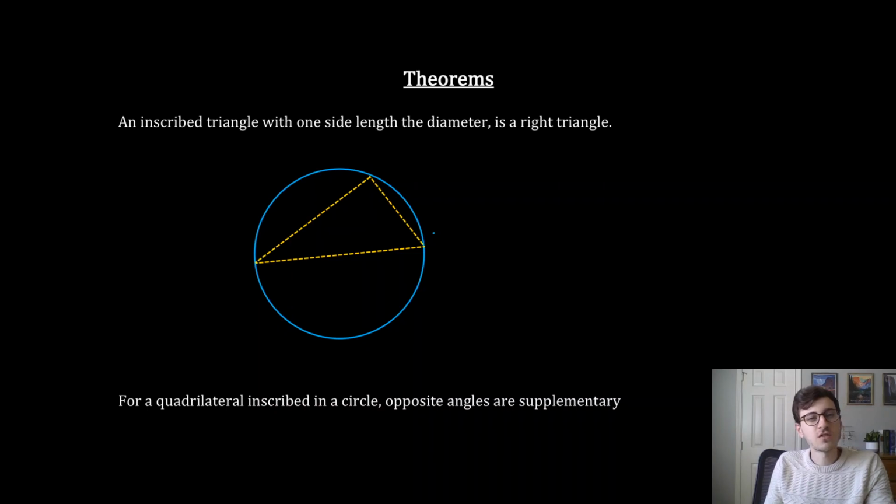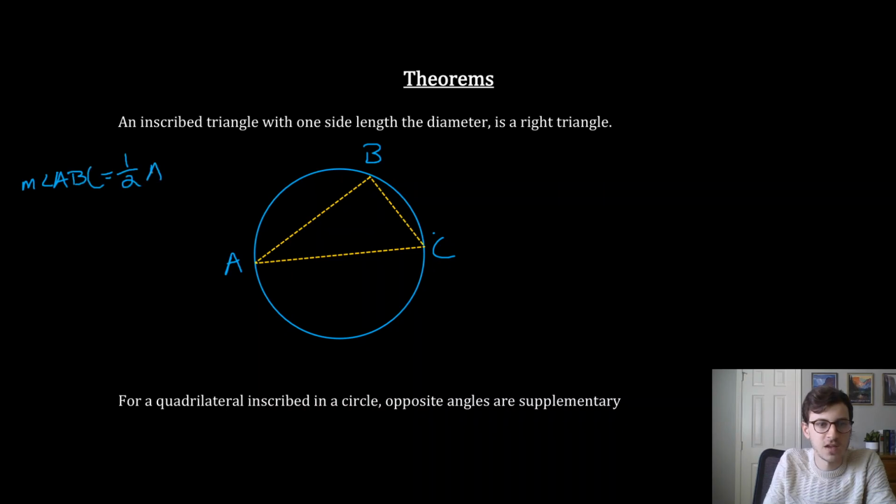I know that an inscribed angle is half of the length of the intercepted arc, right? So A, B, C. I know that the measure of angle ABC is equal to 1/2 of AC.